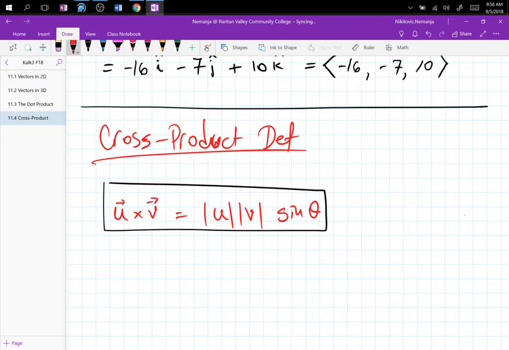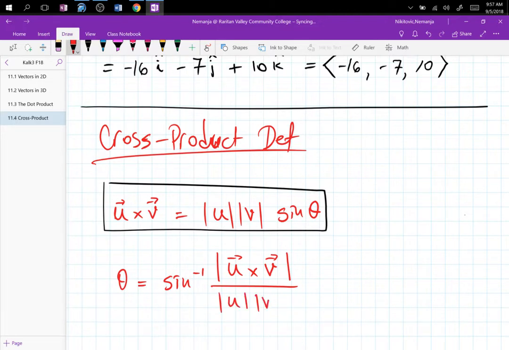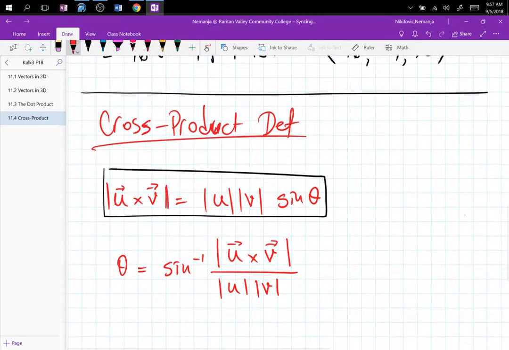Which we can flip around. Theta is equal to inverse sine of the magnitude of u cross v, divided by the magnitude of u times the magnitude of v. Oh, there's a magnitude here as well. Oops. There we go.